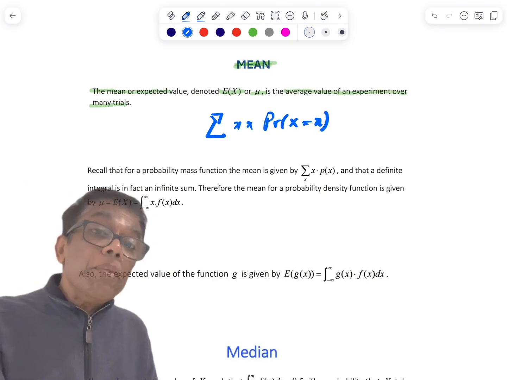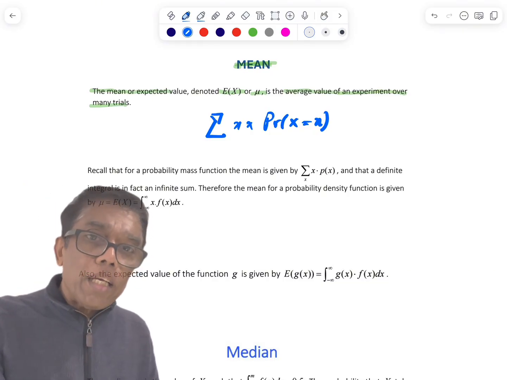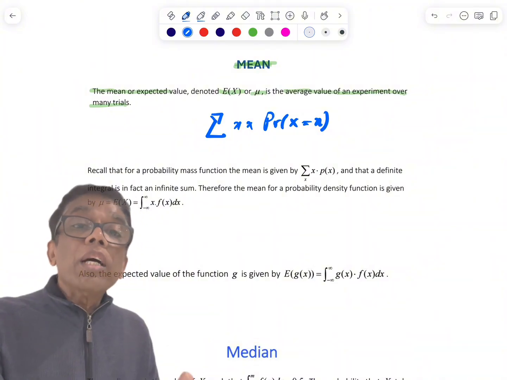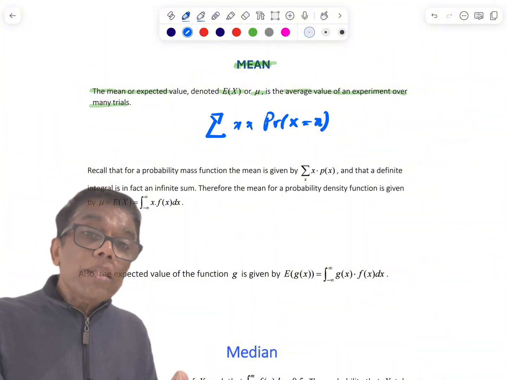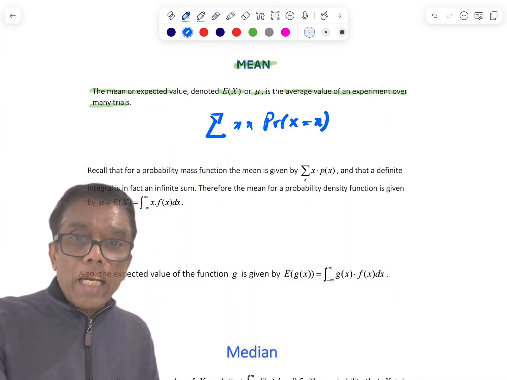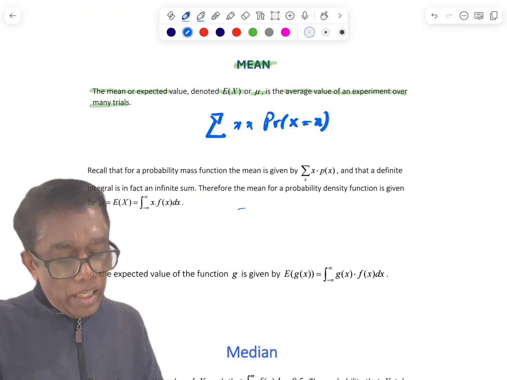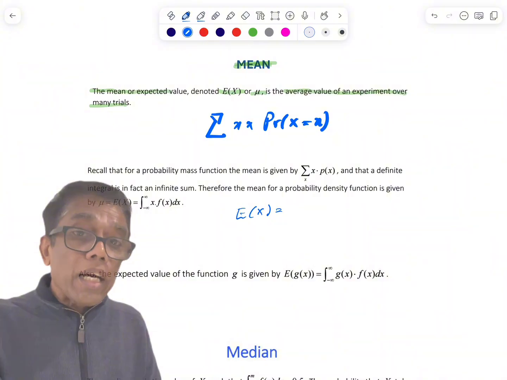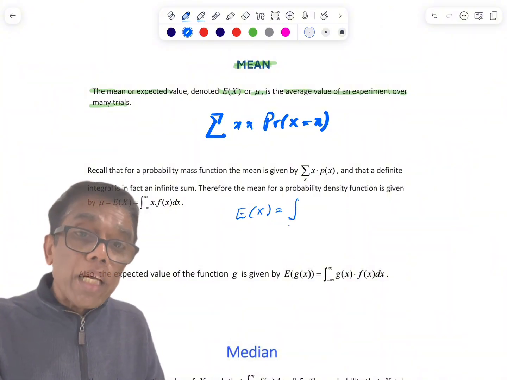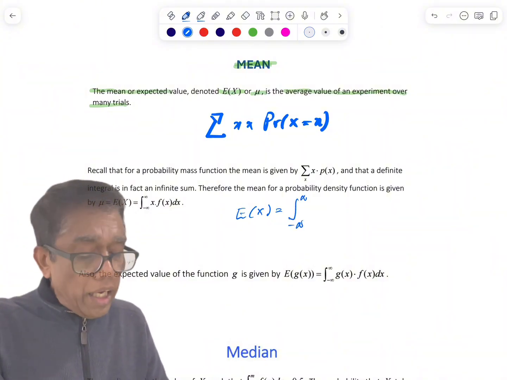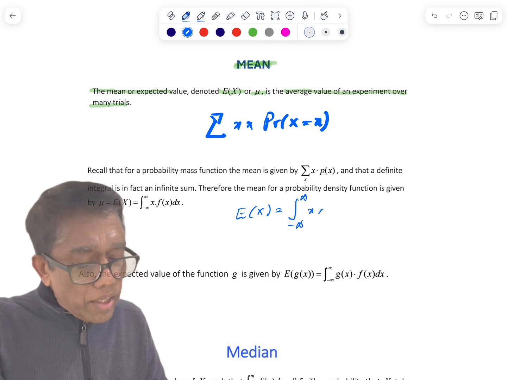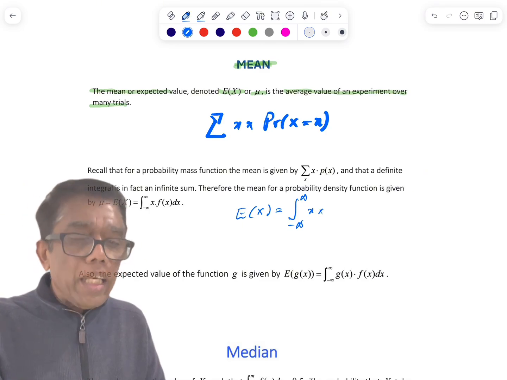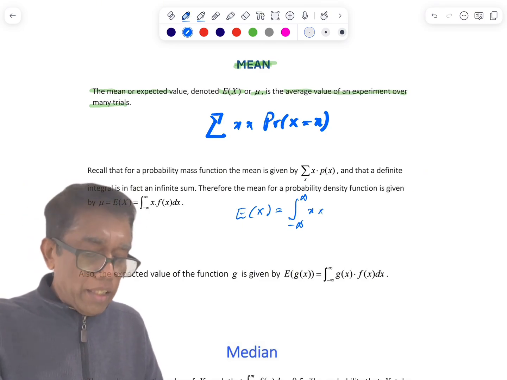To find the mean of the continuous random variable, we have to do the same, but we have to integrate. E of X, where capital X is the random variable, is the integral from negative infinity to positive infinity of x times f(x) dx.